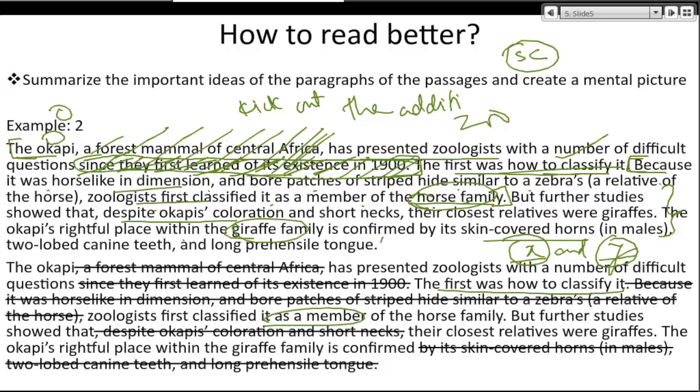If there is a question about what the confusion pertaining to the first classification was, then we can come here and check the answer. So the Okapi presented difficult questions. The first was about its classification. The initial classification was that it's from the horse family, but further studies showed that it is more likely to be from the giraffe.